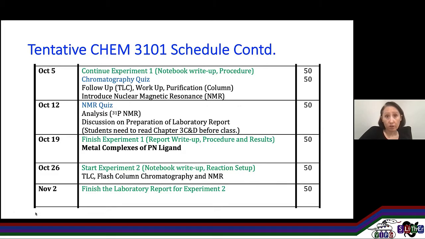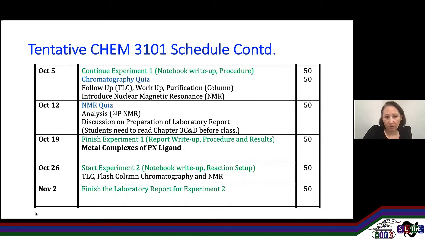They actually learn how to do TLC, although I wanted to assume that they learned all of this in the organic chemistry lab, but they don't really have much experience with column chromatography or even NMR. So it's very surprising to me sometimes that it's the first time that they actually learn about the NMR technique.